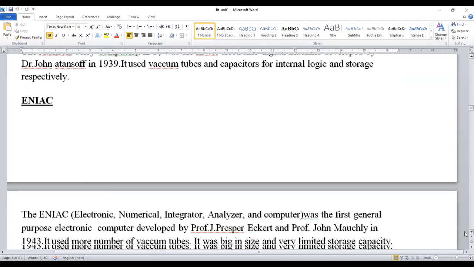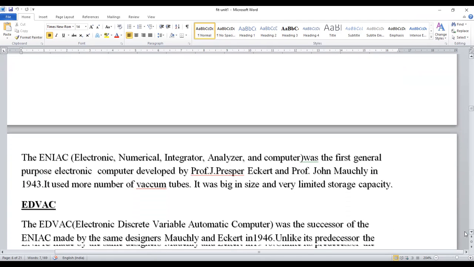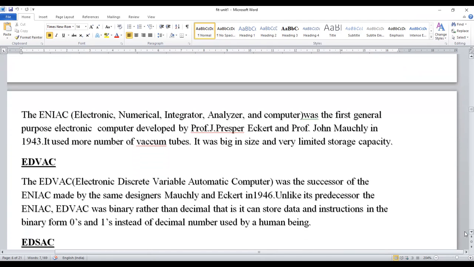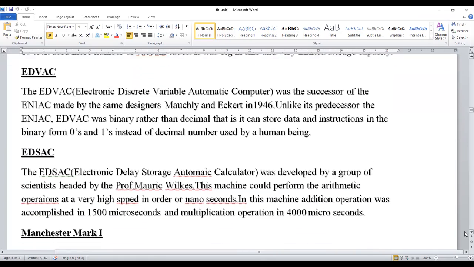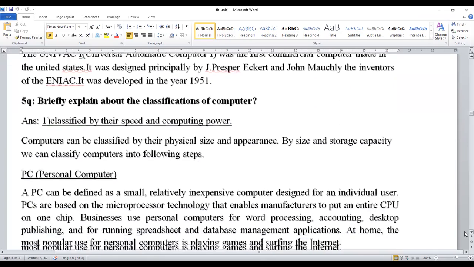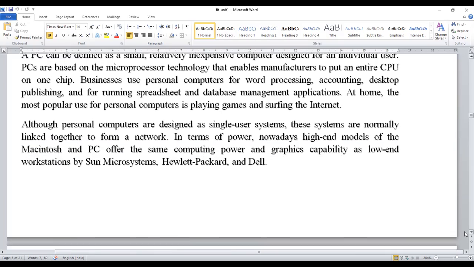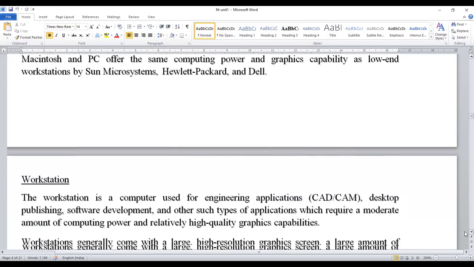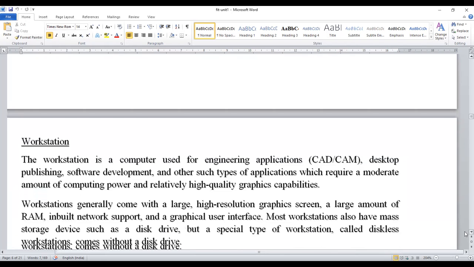We have completed the block diagram of CPU. We have completed the history of computers. We have completed the generations. In previous videos we covered all those concepts, like classification of computers.